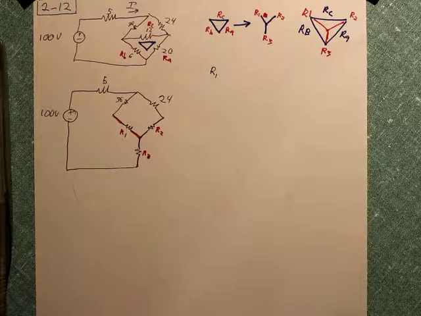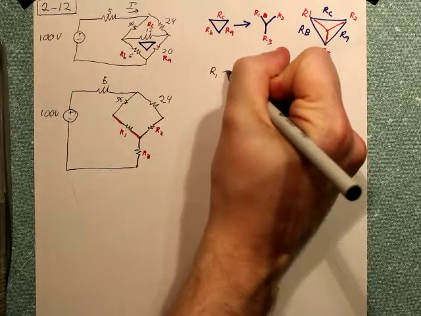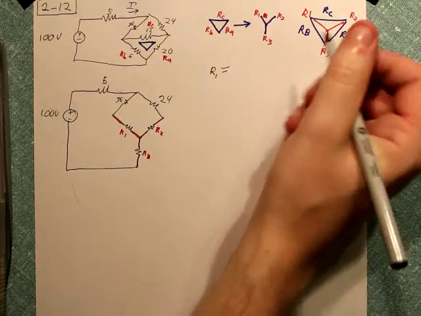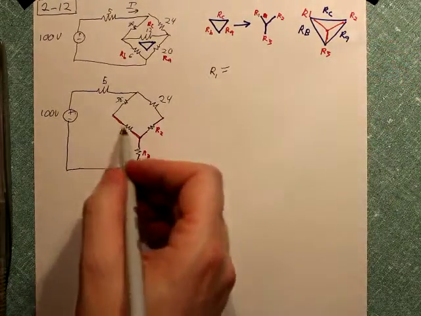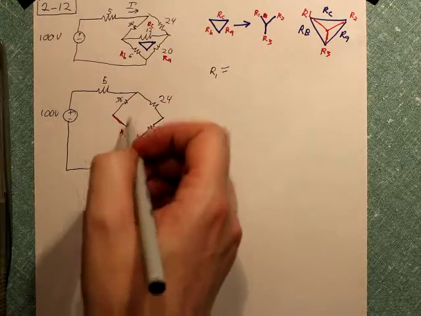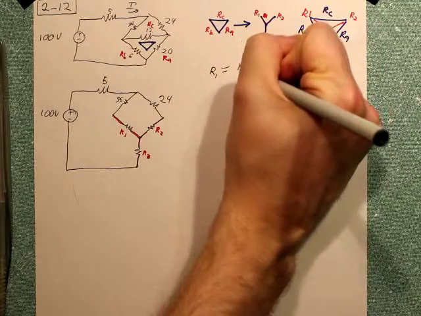So now, what are R1, R2, and R3? So we started doing R1 here, and this is the way I remember this: R1 and RA are related, so we're looking for RB and RC. That's how I remember this.